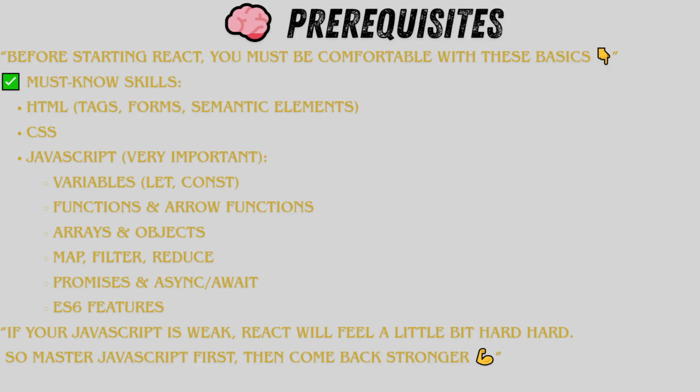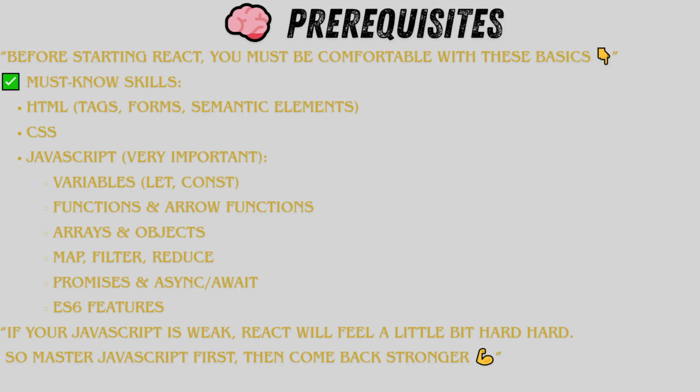What are the prerequisites for this React.js course? Before starting React, you must be comfortable with these basic skills. First is HTML. You should have an idea about HTML, like how we use tags, how to create forms and semantic elements.